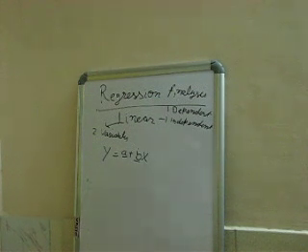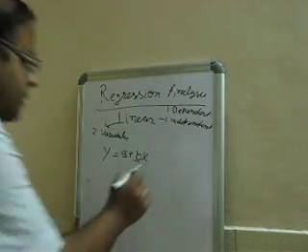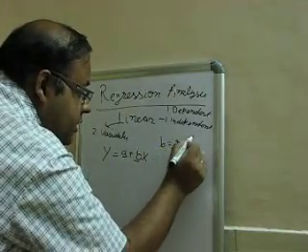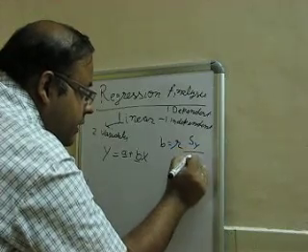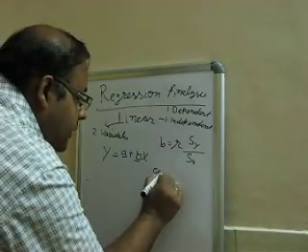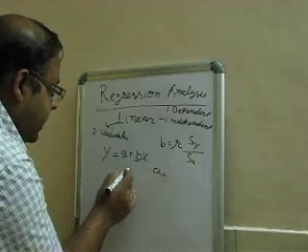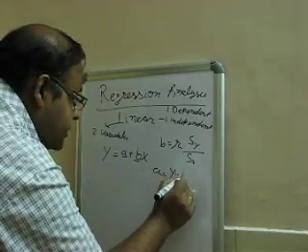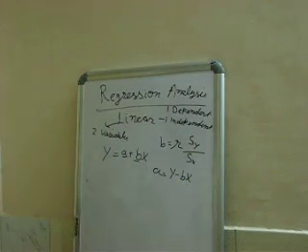Generally what we say is b is given by the coefficient of correlation r multiplied by Sy divided by Sx, and a is equal to, when you have b, y bar minus b x bar.